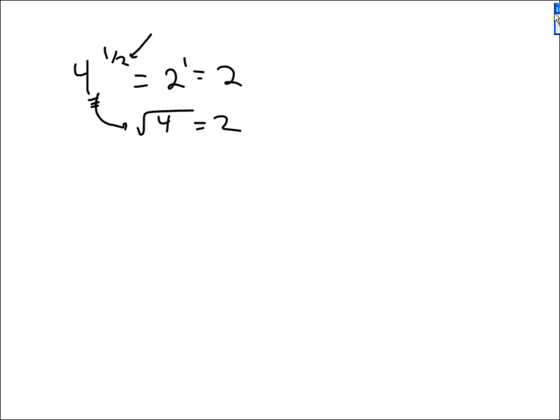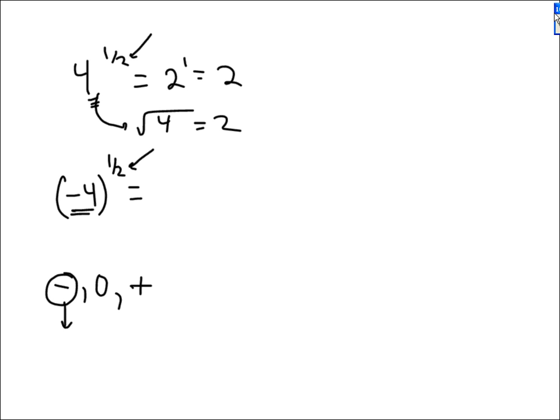Now, what if they ask you what negative 4 to the 1/2 is? What times itself 2 times will give you negative 4? I like to think there's 3 types of numbers: negative numbers, the number 0, and positive numbers. If you multiply a negative number by itself 2 times, you'll get a positive.